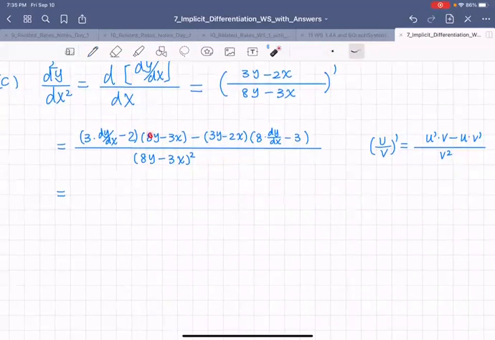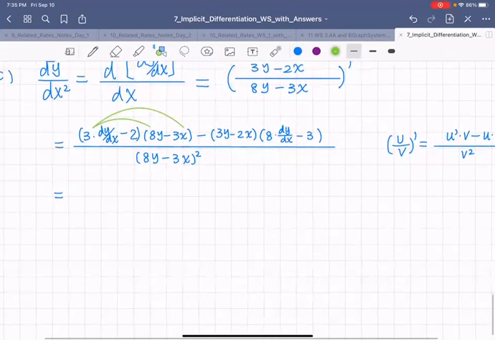Now let's do this distribution, okay? It looks complicated, but I believe those are the questions the school teacher taught her students. Now let's do it. Go ahead. Okay, so 24y times dy over dx.